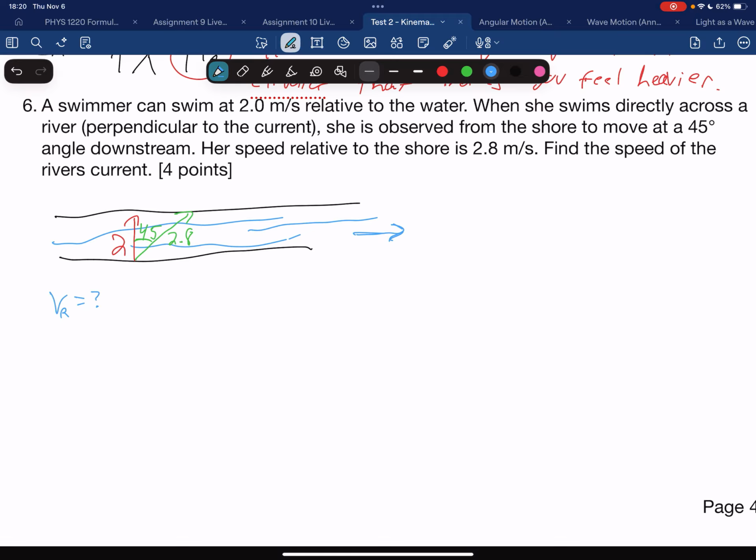So, first things first, in any one of these types of questions, we want to break vectors into components. In that case, that is our velocity as seen from the shore of 2.8 meters per second at a 45 degree angle.